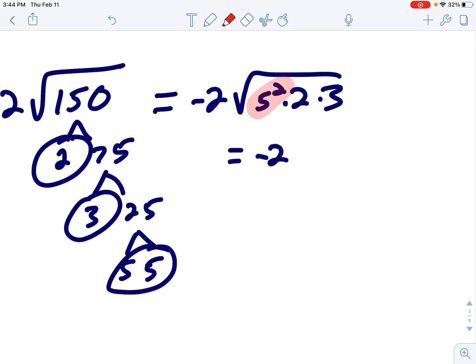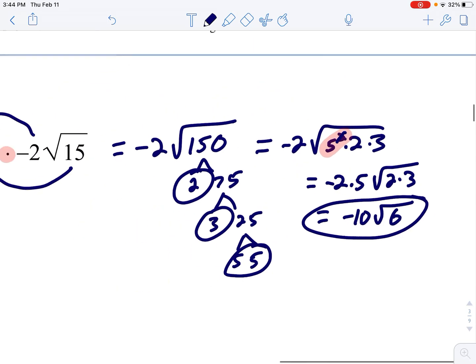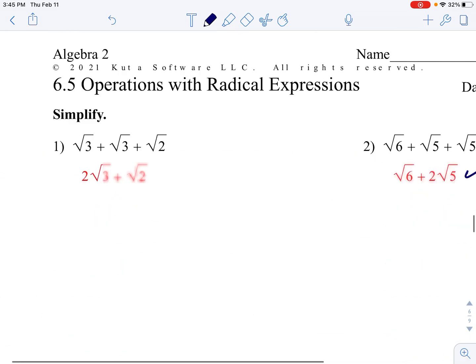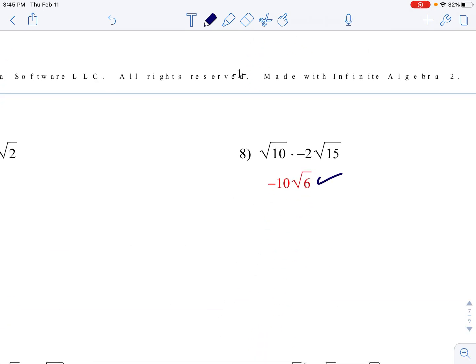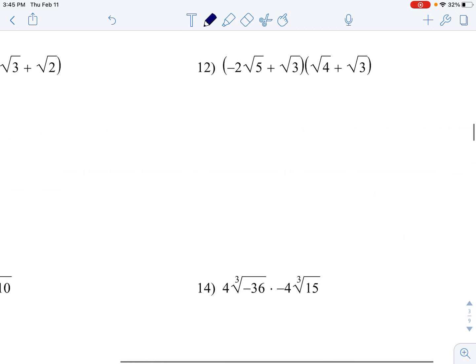We can simplify out the 5 because a square root cancels a square. The 2 and the 3 will not simplify out. We end up with negative 2 times 5 is negative 10. 2 times 3 is 6. Negative 10 square root of 6. Was that the answer when I scrolled down a minute ago? Bingo.